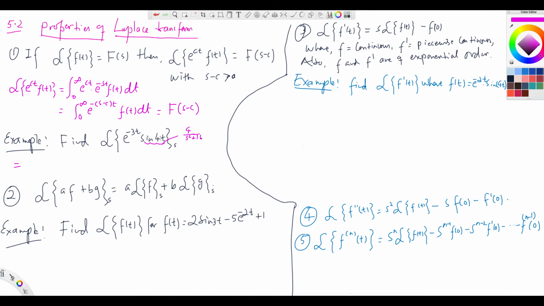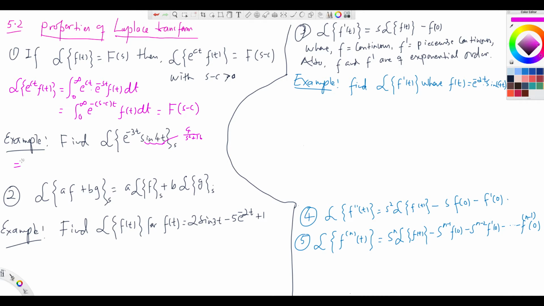Because for sine at, the Laplace transform is a over s squared plus a squared. But you are multiplying sine 4t by e to the negative 3t. If c is negative, there will be a plus there. If c is positive, there will be a minus.